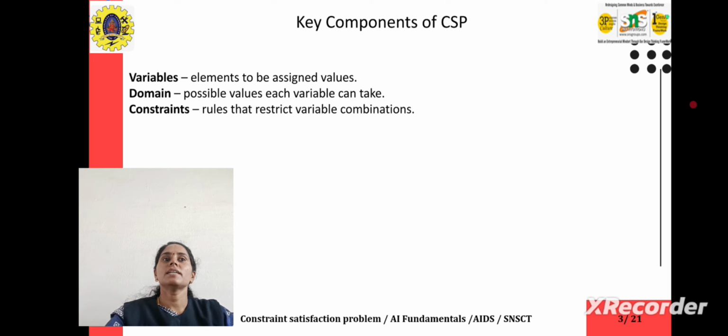Constraints are the restrictions that dictate which combinations of values are valid, ensuring the solution is feasible. This structure allows CSP to represent complex problems in a modular way, enabling systematic exploration of solutions. Understanding these components is crucial because they form the blueprint for formulating and solving CSPs in AI applications.